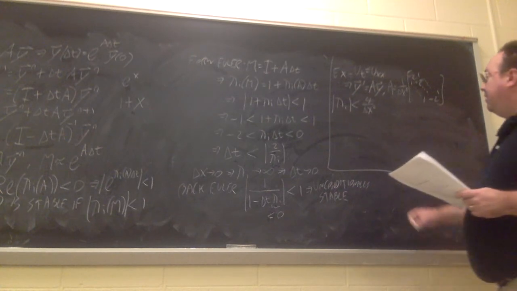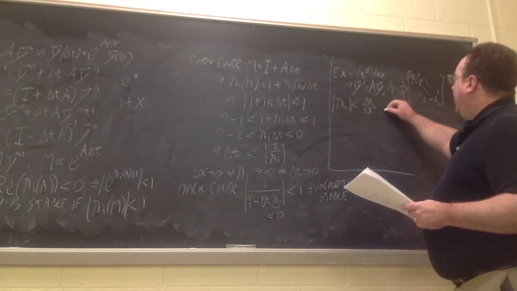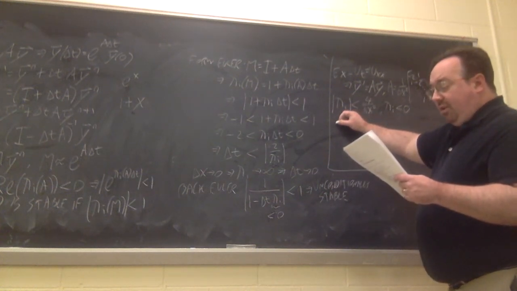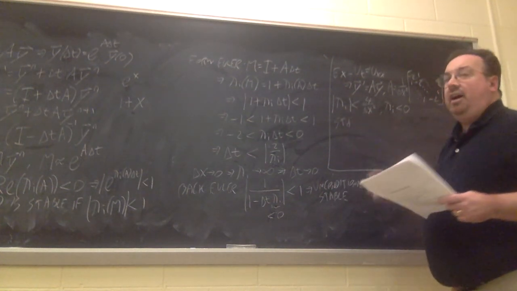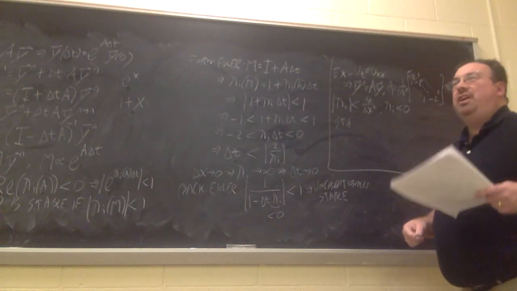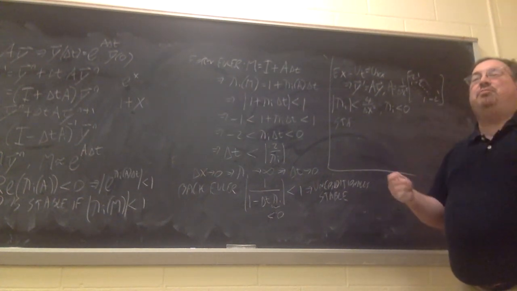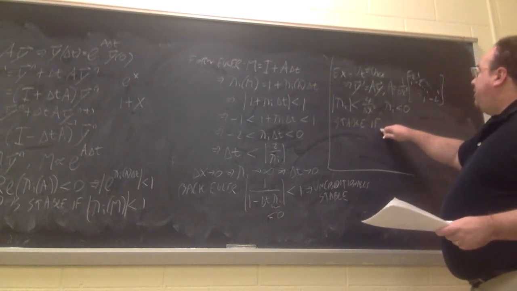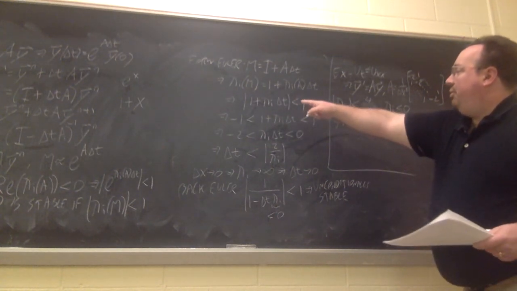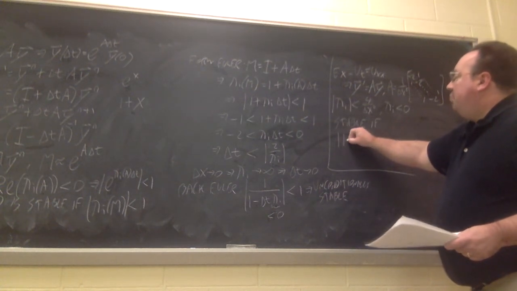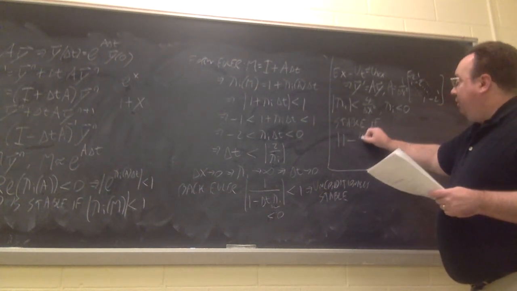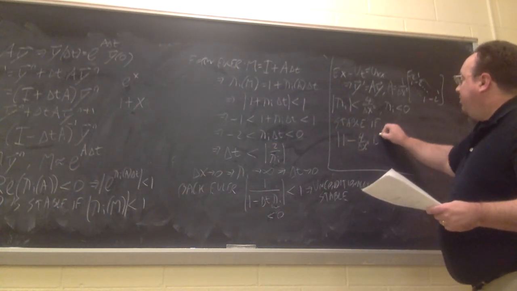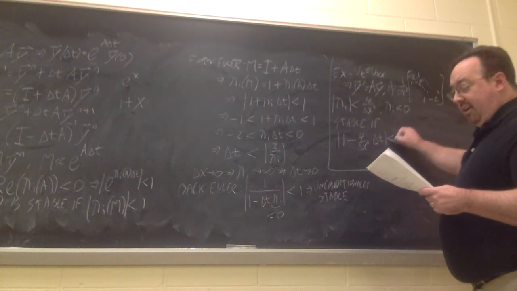So what that means is this is a negative definite matrix. In other words, A is negative definite if minus A is positive definite. So it's stable if, similar inequality over here, the absolute value of 1 minus 4 over delta x squared, so this is the lambda, times delta t is less than 1.